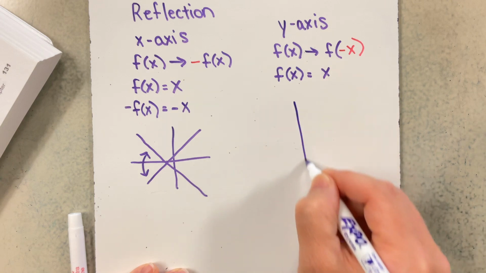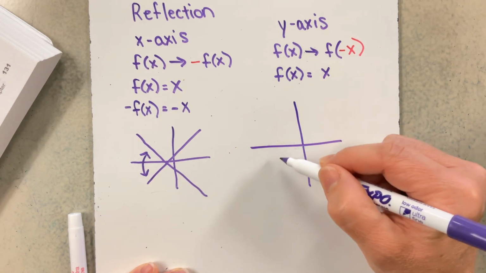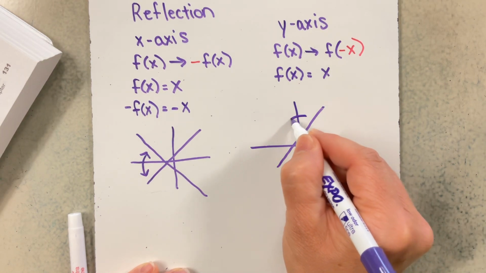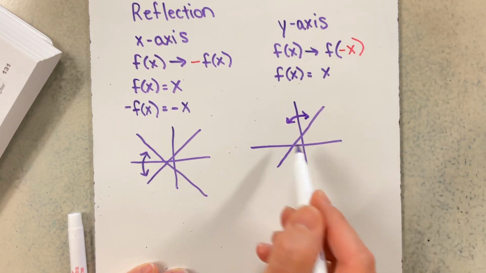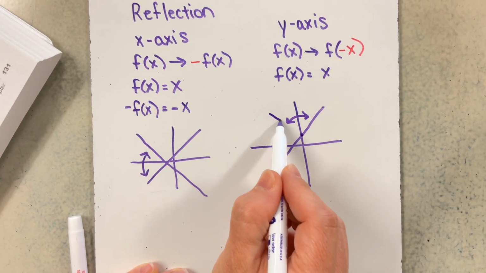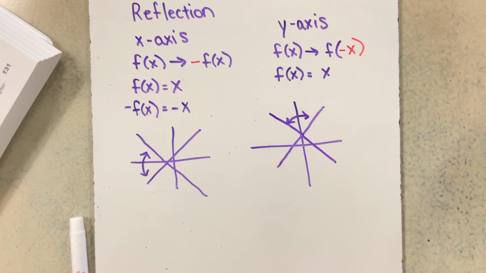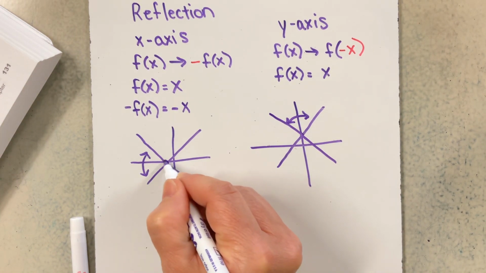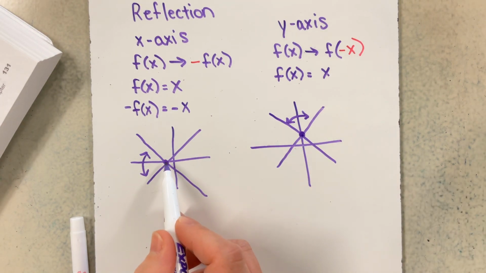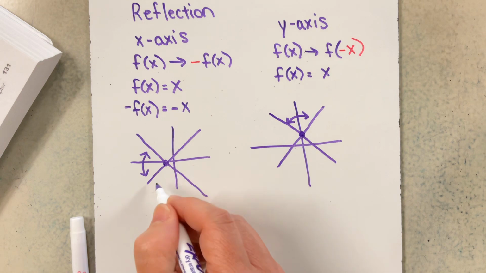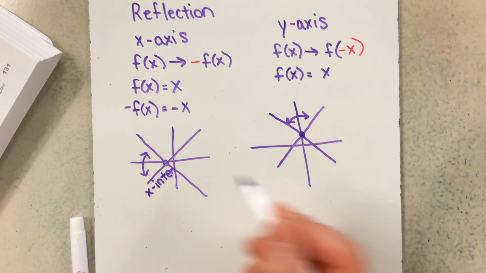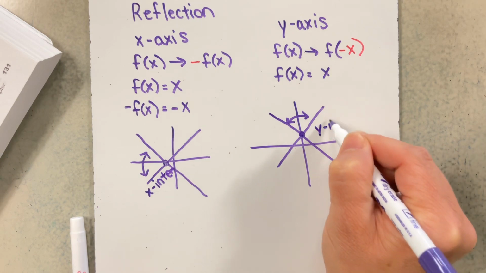Now over here, if we were looking at this as our f of x, it's going to flip here, which means it's still going to keep that together, but we're going to flip it this way. Okay, this one kept over here, but this one kept the y. See how we kept the x-intercept here. And here we're keeping that y-intercept.